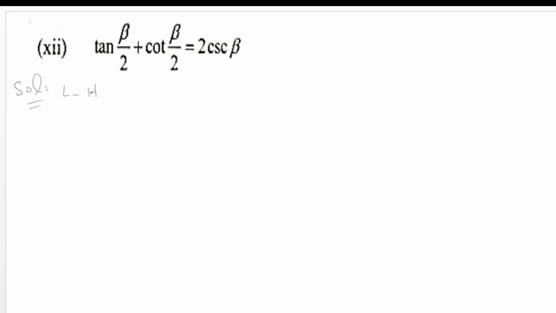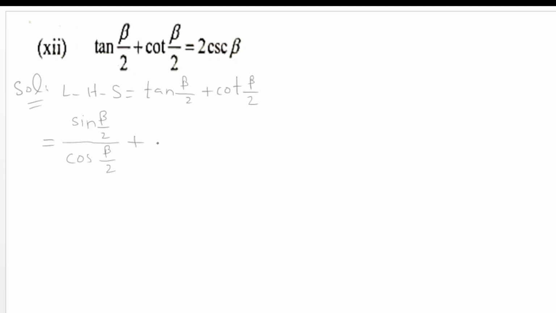Left hand side equal to tan beta by 2 plus cot beta by 2. Okay, so we know that tan will be equal to sine over cos. So let me write here sine beta by 2 and then here cos beta by 2.